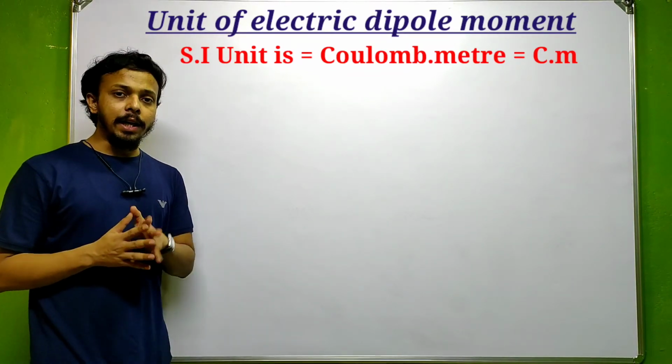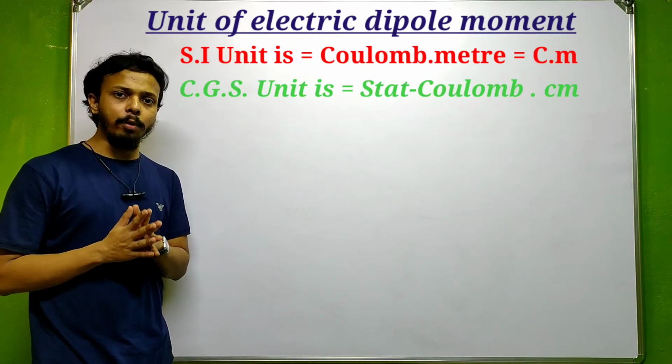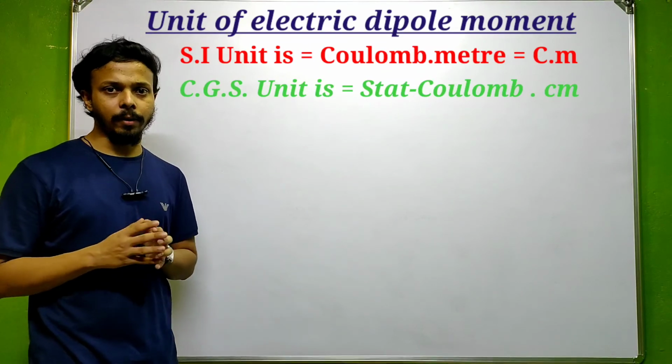If you consider the CGS system, the unit of electric dipole moment is stat coulomb centimeter.